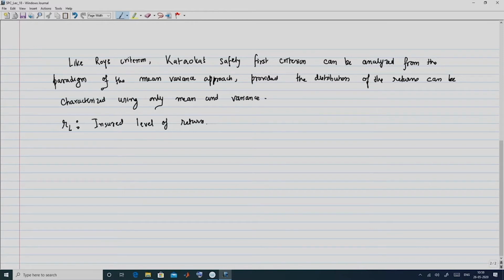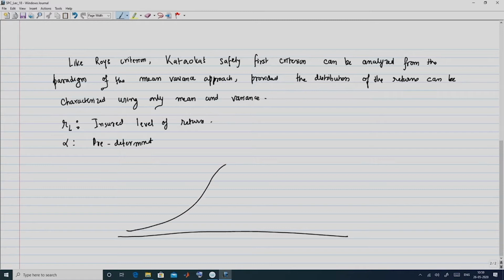right, and you have alpha which is predetermined. So what we do is that we essentially look at the return of the portfolios, and suppose that it is of this form. So it is normally distributed, and I am considering that this is normally distributed for the sake of better clarity.